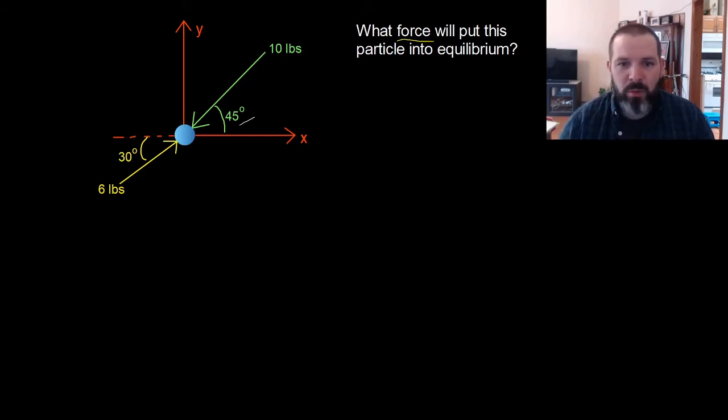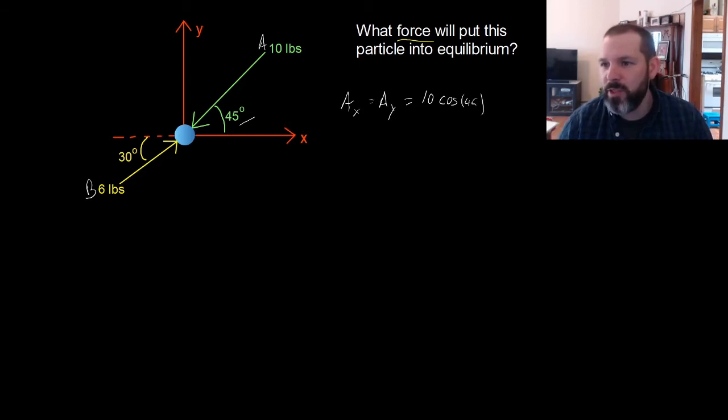So if we want to find Ax, or the x component for this, let's say we'll call this vector A and this vector B. Ax is going to be equal to Ay, and they're just going to equal 10 cosine of 45. And we find those components to be 7.07.